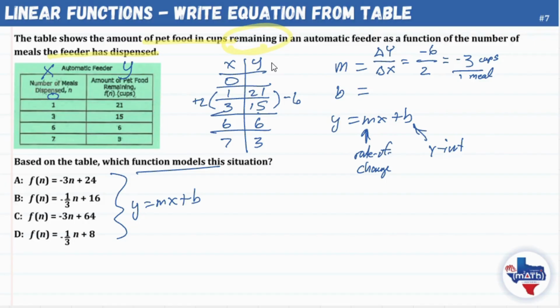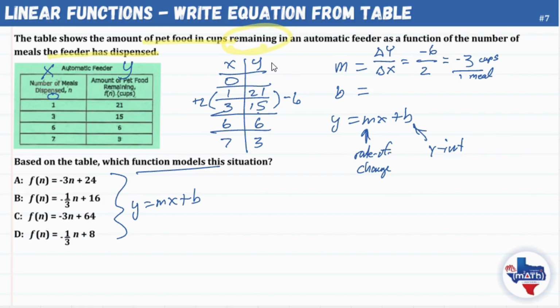So our m is negative 3. We just need to figure out what our b is, how much we're starting with. Okay, well, if we're at 21 right here, then I would need to just go backwards.